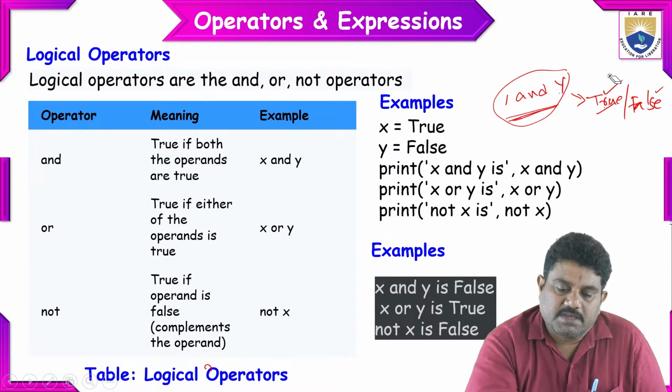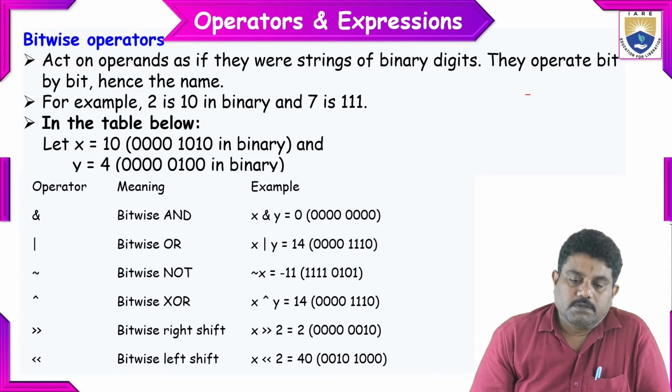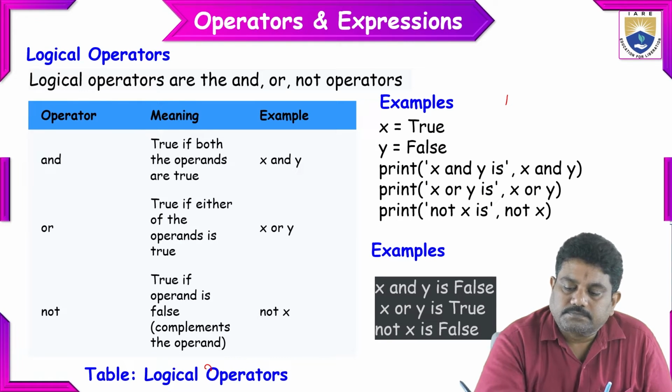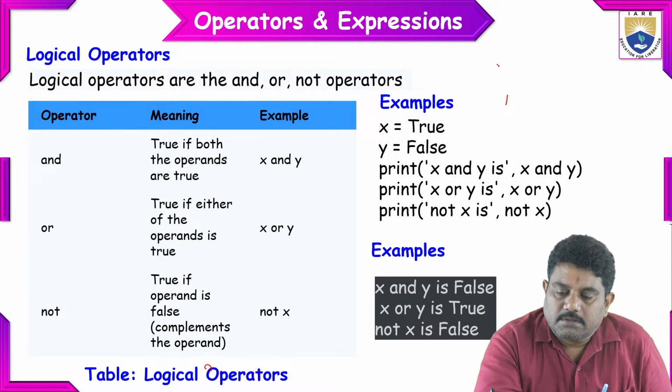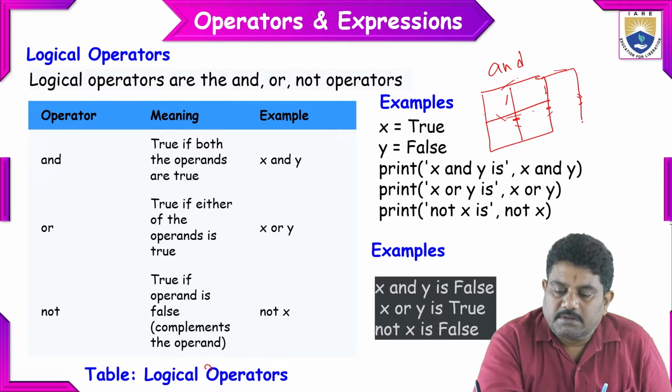For example, for AND, you can write the truth table like this. Two quantities and then the output. If both the quantities are true, then it becomes true.